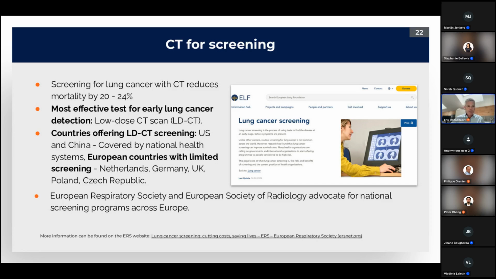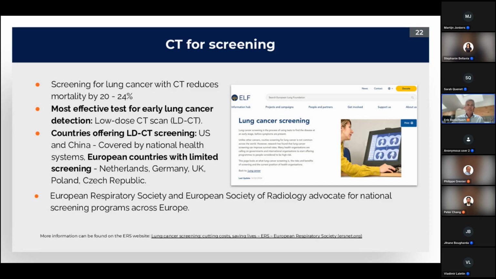So using CT for screening, it is said that this helps us reduce the cancer mortality by about 20 to 25%. These figures are based upon trials that have been performed earlier.